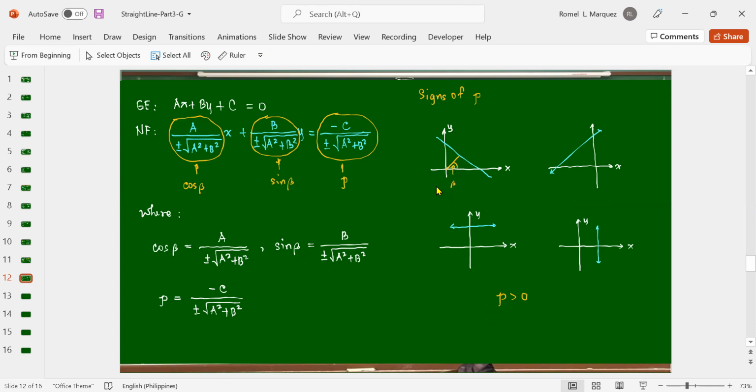Beta here is acute. Beta here is obtuse.